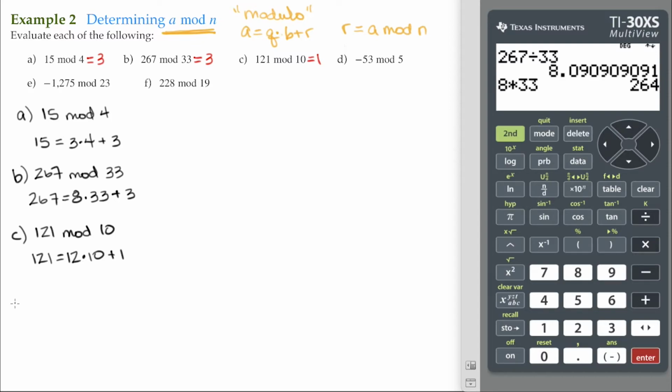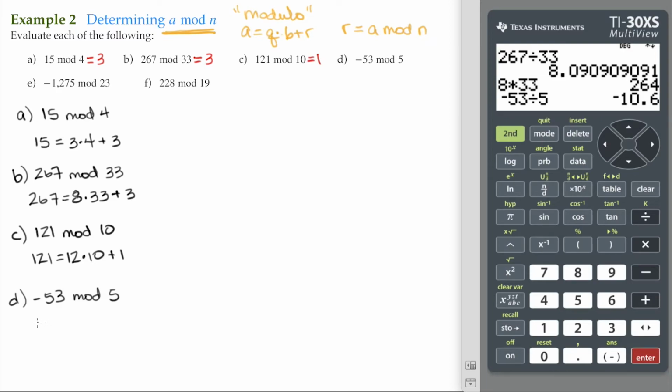For D, negative 53 modulo 5, negative 53 mod 5. Negative 53, divide that by 5. Don't forget we're going to round that down to the nearest integer.